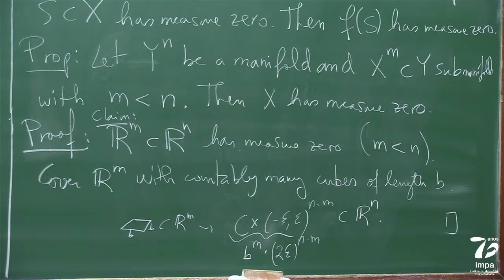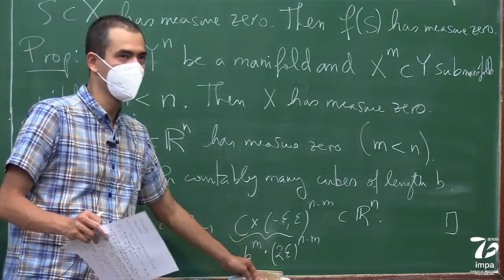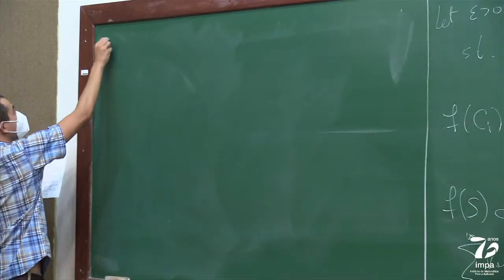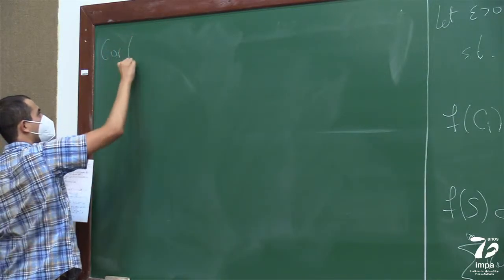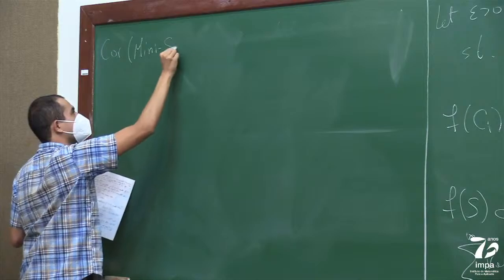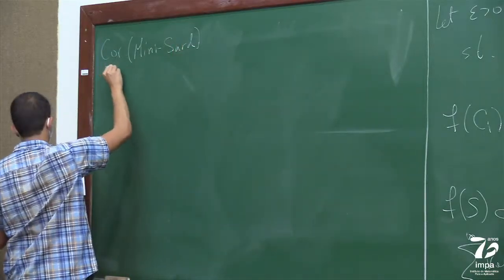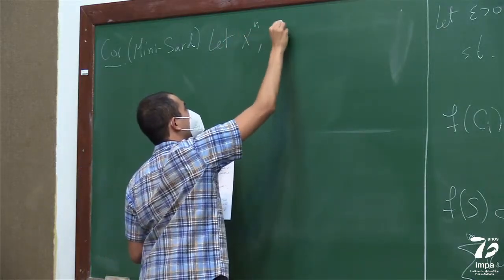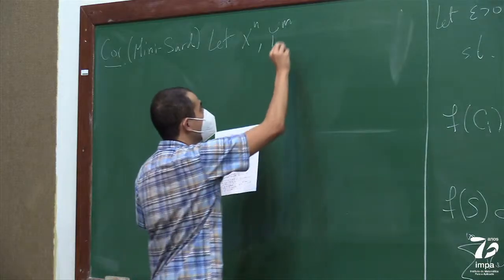Believe it or not, this is enough to prove Sard's theorem in one case, but it's one of the most useful cases, which I'm going to call the mini Sard theorem. So a corollary of that is what's called mini Sard. It says, let X be an n-dimensional manifold, and Y be an m-dimensional manifold.